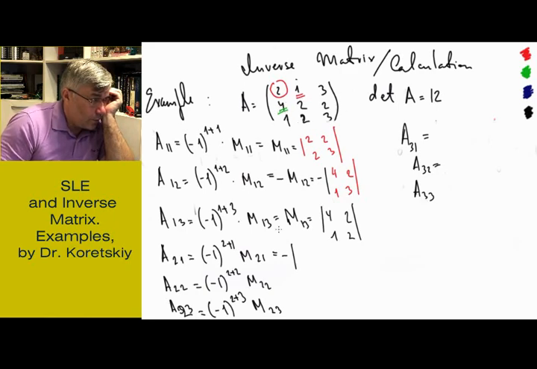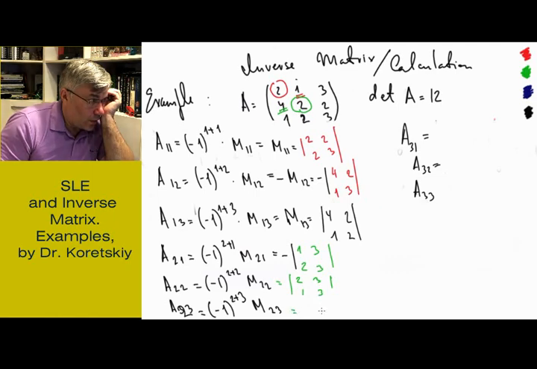Here we have M22, it is 2. I exclude the second row, the second column, and I have 2 3 1 3. A23, I have consequently 1 2 2 1 1 2.